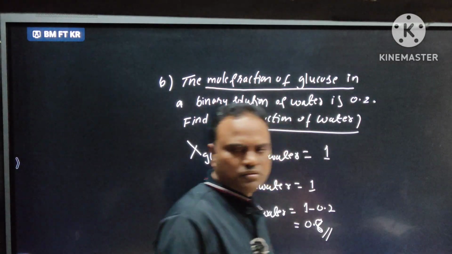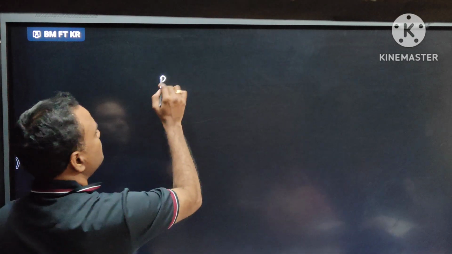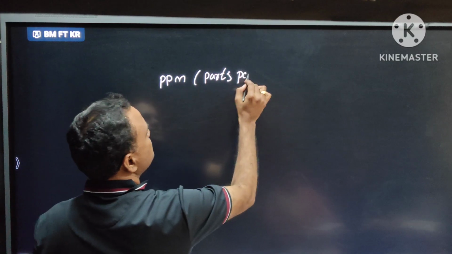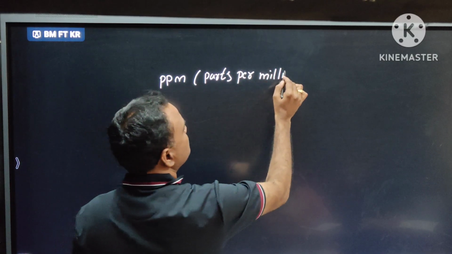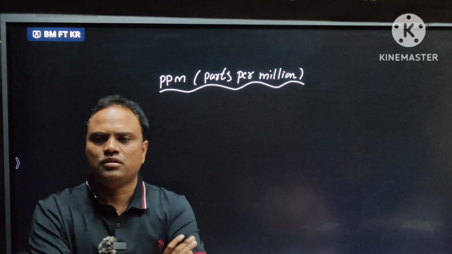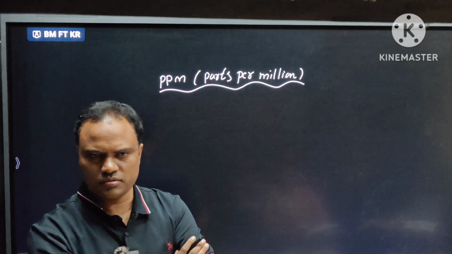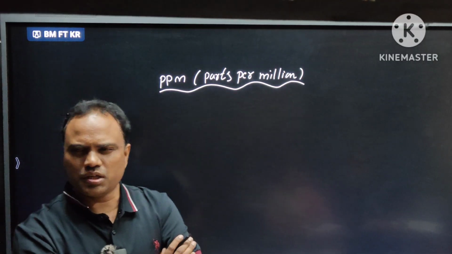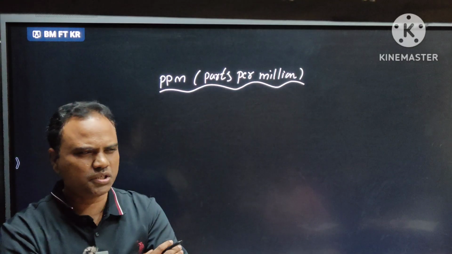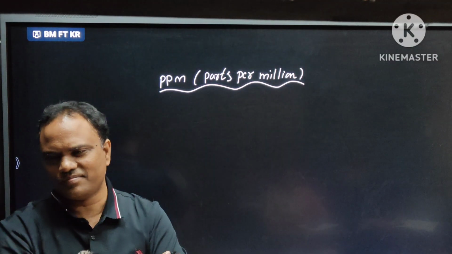Next, parts per million, ppm. Last term, ppm. When the amount of solute is very less, for example in 1 liter, if we add some 1 gram salt, that is very dilute, a tracer quantity.